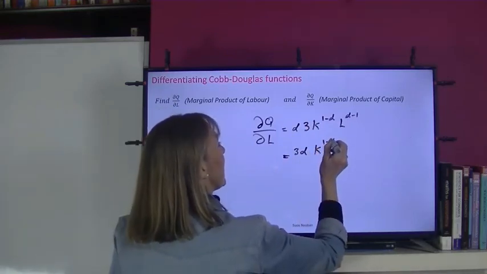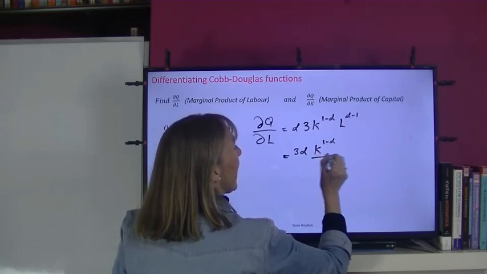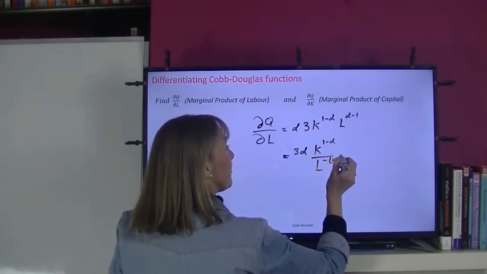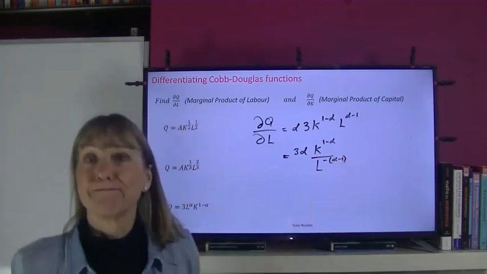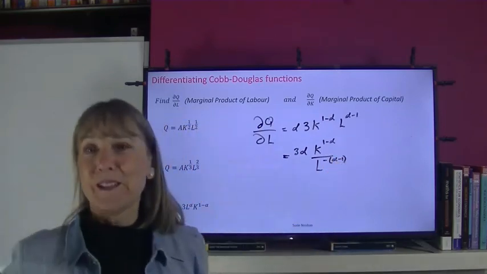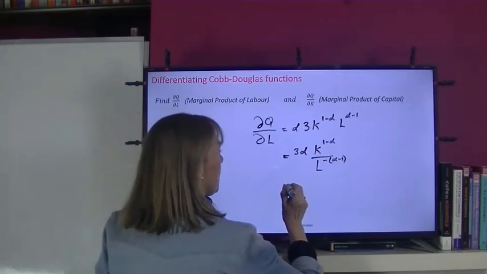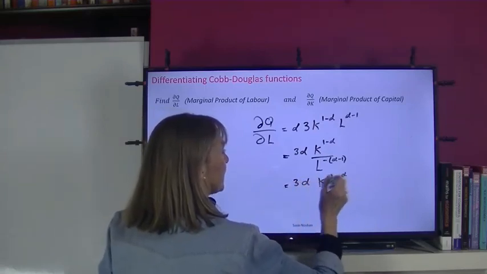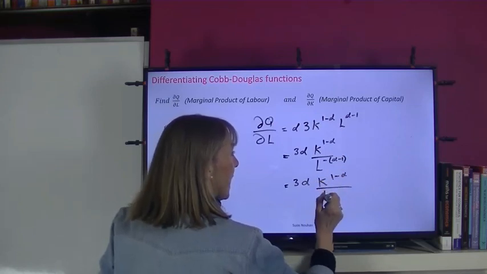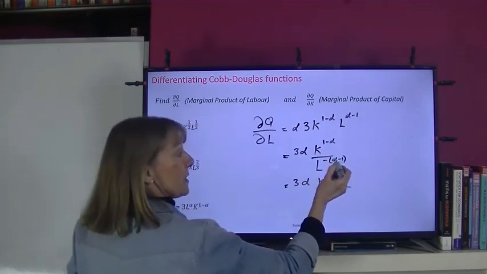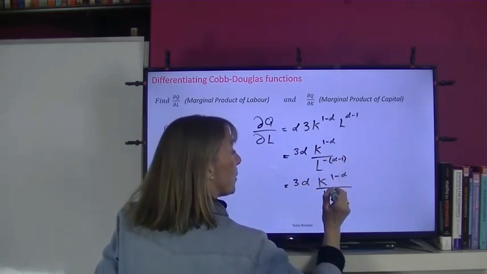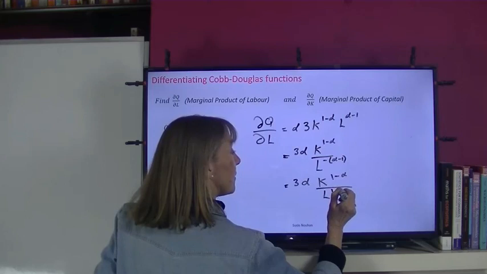K to the 1 minus alpha. And we're going to bring L to the bottom, which means we have to make its power negative. We stick a minus in front of it. So that's the same as A alpha K to the 1 minus alpha over L. So everything inside the brackets gets a minus, so it's going to be minus minus 1 becomes 1, and then minus alpha.